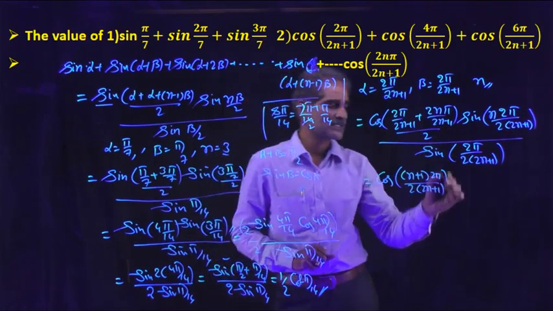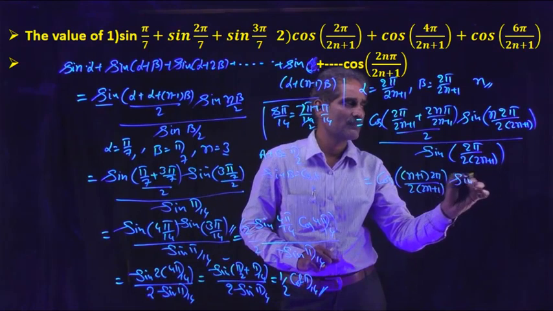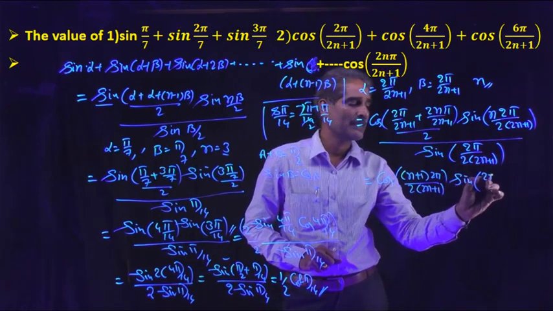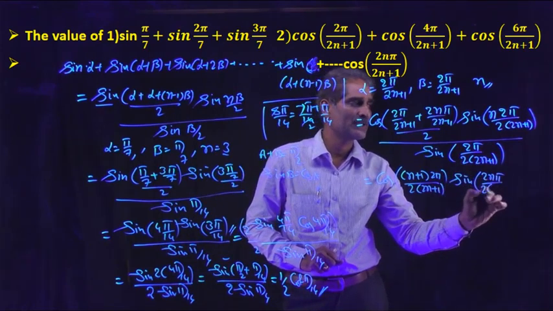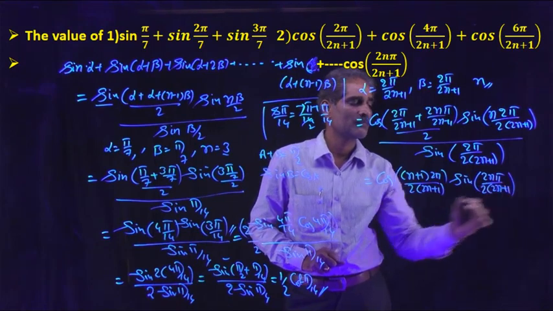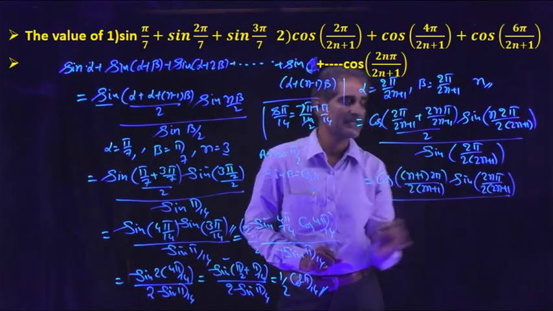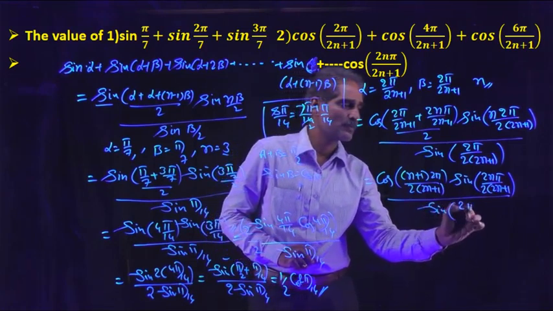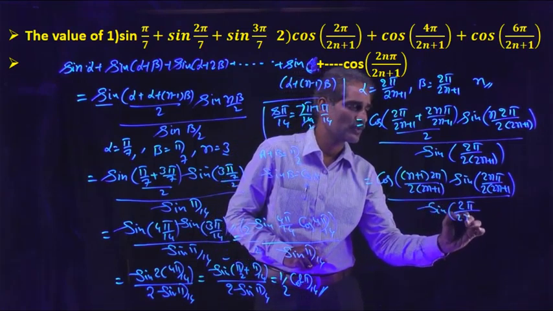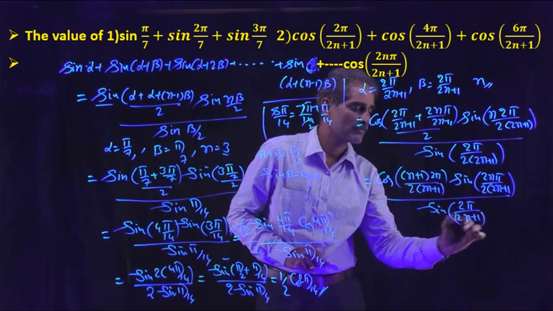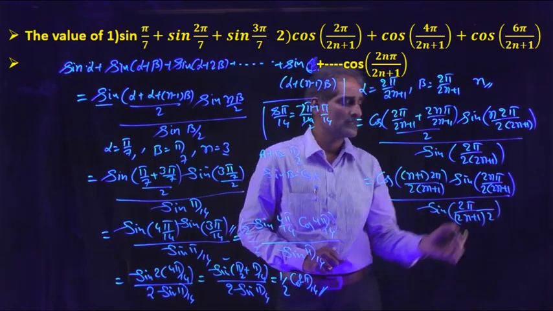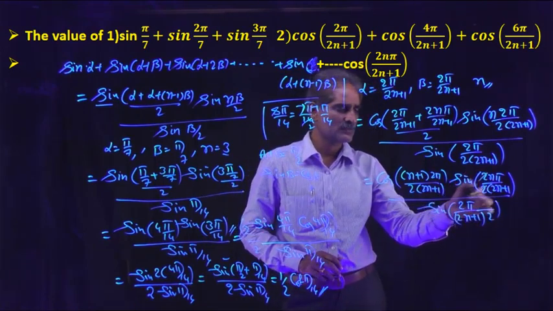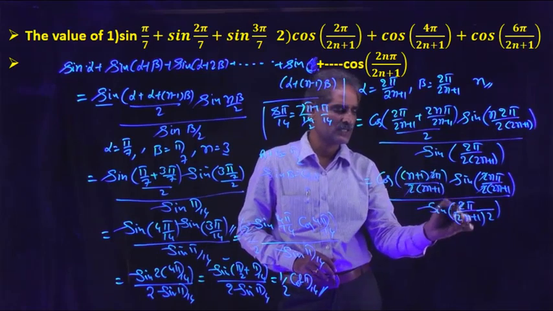Next, sine of 2n pi by 2 into 2n plus 1, whole divided by sine of 2 pi by 2n plus 1 into 2. In all the terms there is a 2 common in the numerator and denominator.